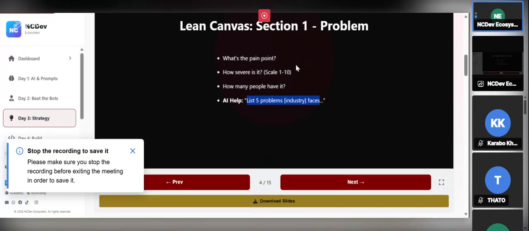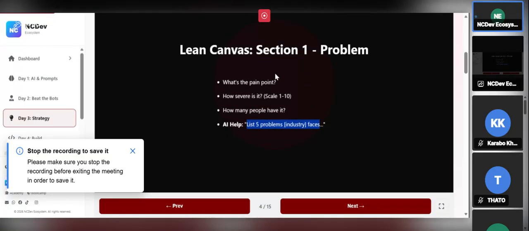Section one of the lean canvas deals with the problem. This is the most important part of coming up with a business idea. You don't want to come up with a business idea where you are not solving a problem, because that's where most successful businesses thrive: they are solving a pain point.